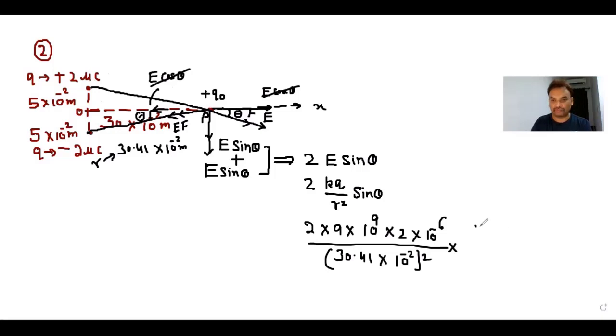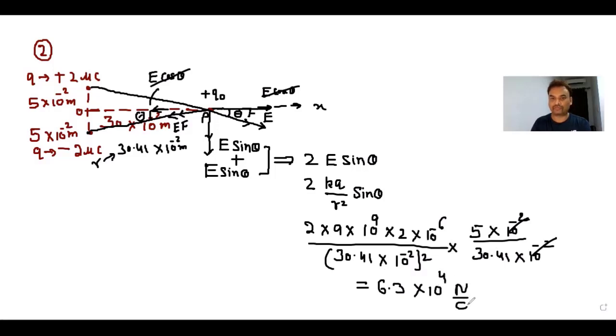Perpendicular is 5 multiply 10 to power minus 2, and hypotenuse is 30.41 multiply 10 to power minus 2. So the 10 to power minus 2 cancels. If you do all the calculations, my answer is 6.3 multiply 10 to power 4 Newton per coulomb.